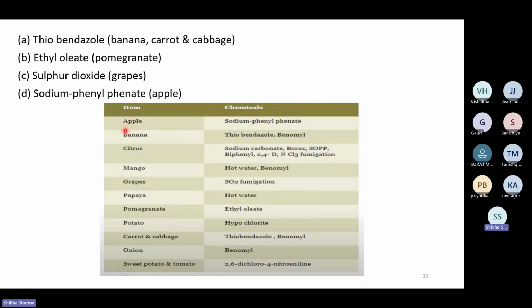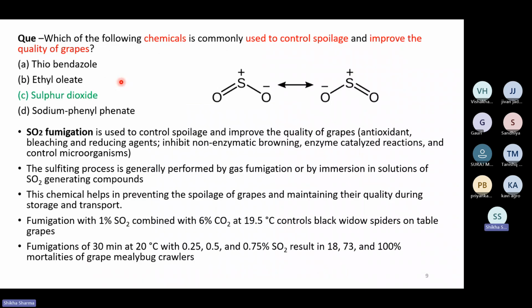So for the apple product, these are different other options. First is this option for banana, then second pomegranate. Sulfur is the one for grapes, and sodium phenylphenate is for apple. So for grapes, C, which is sulfur dioxide, is the correct answer.